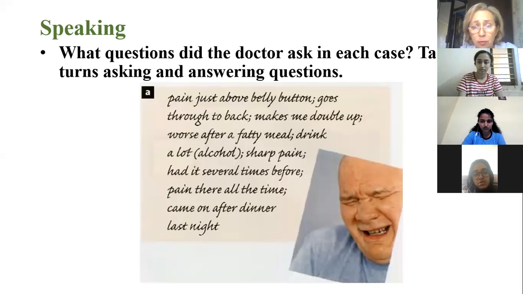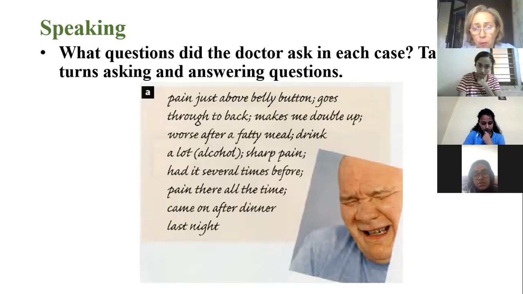If we speak about associations, something that is connected to the pain, I think it's better to say that the pain becomes worse after a fatty meal. So the pain is associated with a fatty meal.